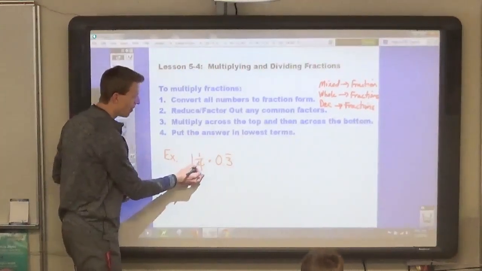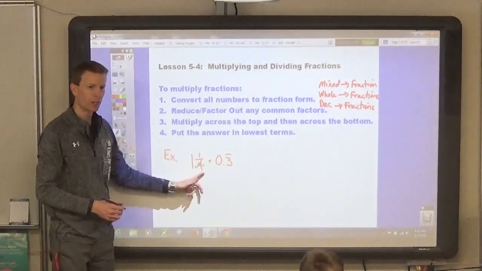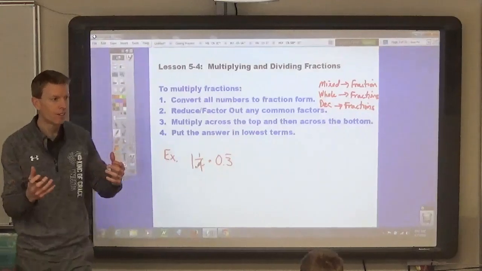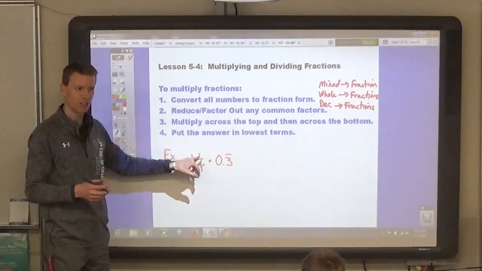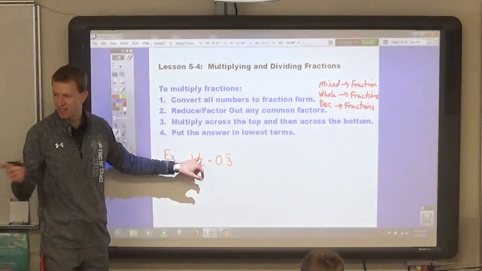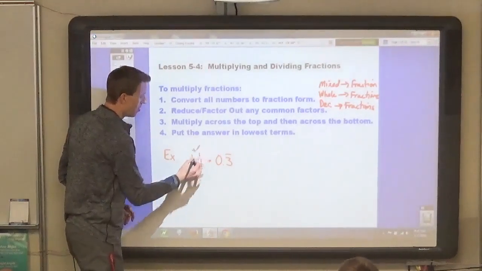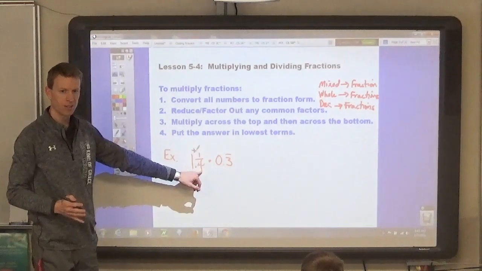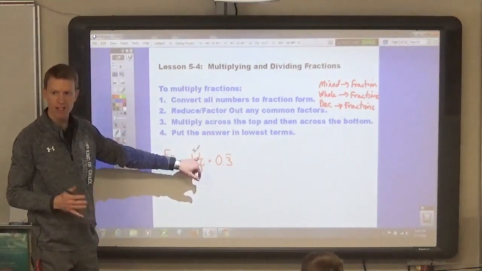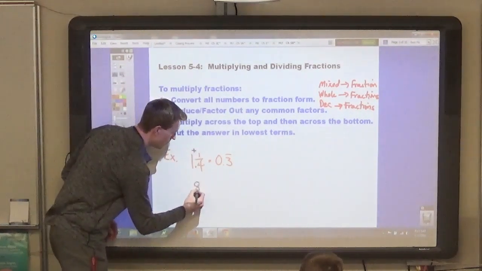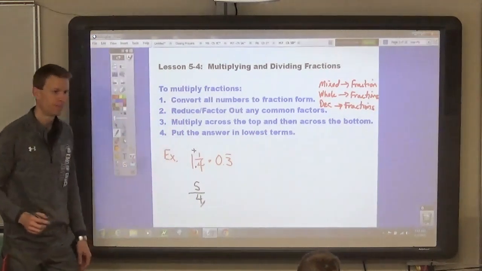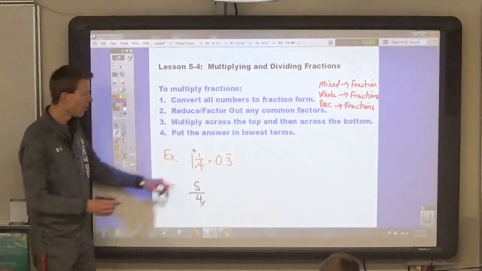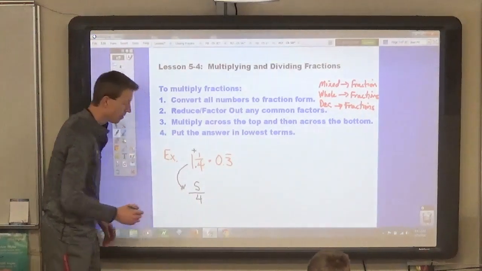Or if you think of it this way, you multiply the whole number times the denominator. That tells you how many pieces you can get out of the whole number. And then add the pieces you already have. So 1 times 4 is 4, plus the piece you already have is 5, and those are in fourths. Okay? So 1 1/4 we have to convert to 5/4.